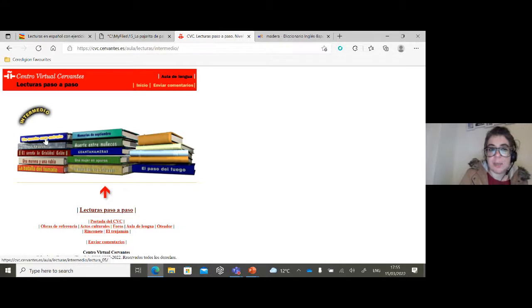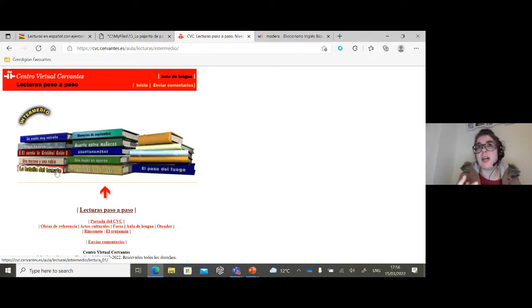You could just pick a book. There are several: El Paso del Fuego, Una Mujer en Apuros, Guantanamera, Muerte entre Muñecos, Memorias de Septiembre, Un Sueño Muy Extraño, Lola, El Secreto de Cristóbal Colón, Una Morena y una Rubia, La Batalla de Tomate.